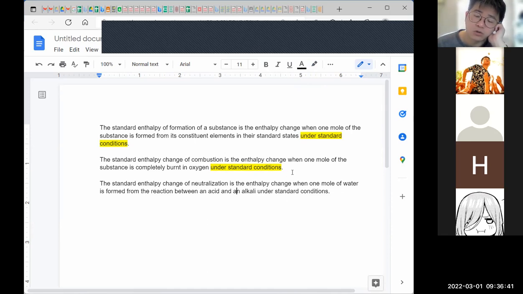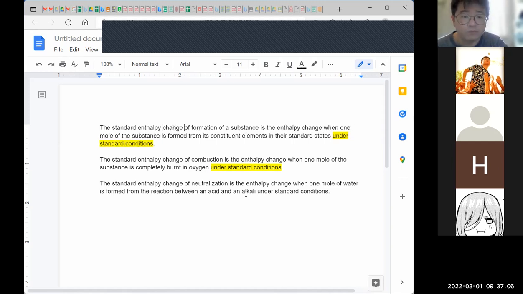For this reaction, just go back to the equation itself. Is it neutralization? No. Even though it gives a delta H value, we will not call it the standard enthalpy change of neutralization. Instead, we will call that a standard enthalpy change of reaction. Okay, a very general term.